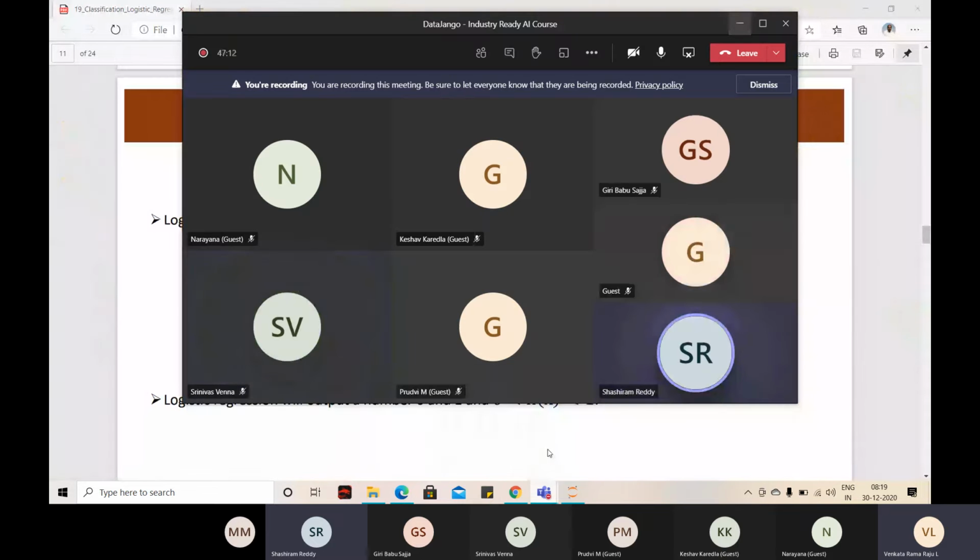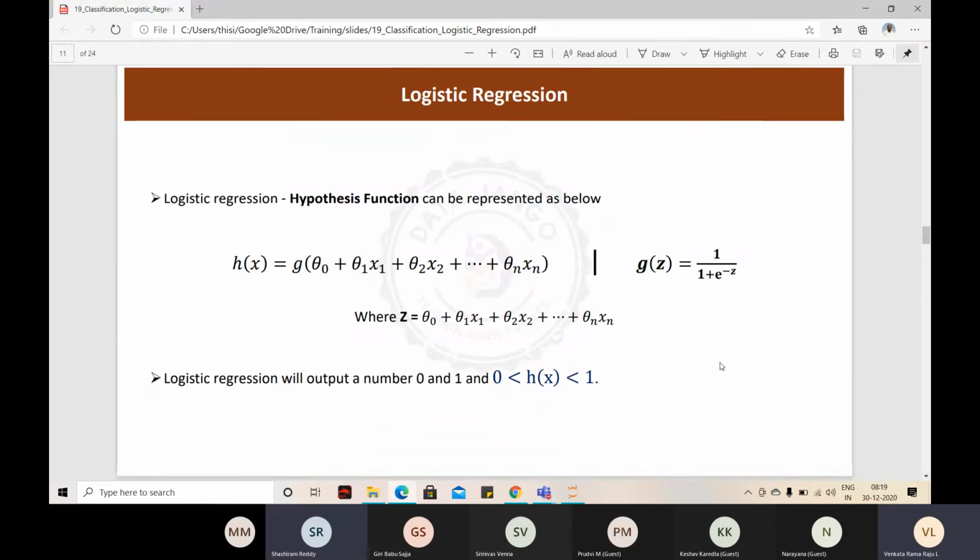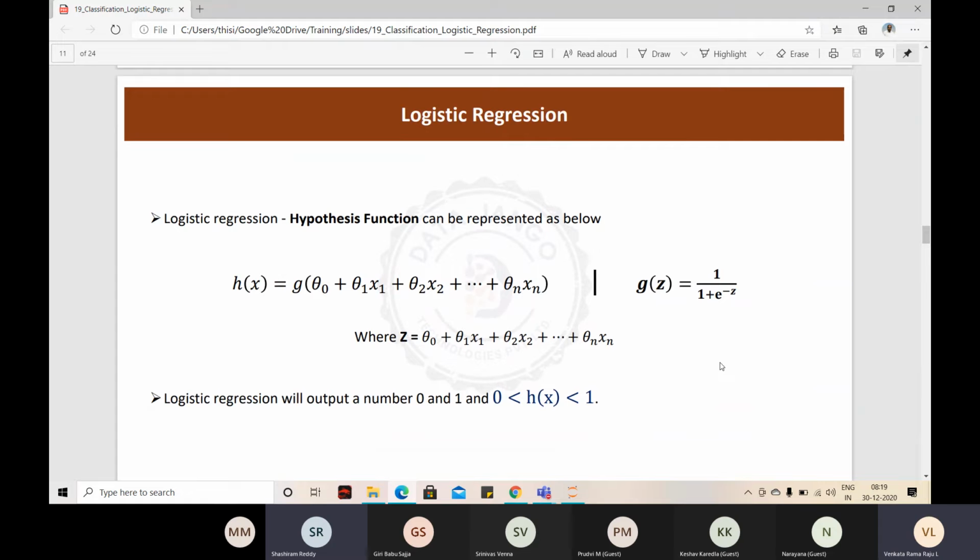It is a stochastic gradient descent, right? Even for logistic regression, in a similar way, it also tries to take some thetas and converge. When will it actually stop? Here also we'll take a cost function which is convex.